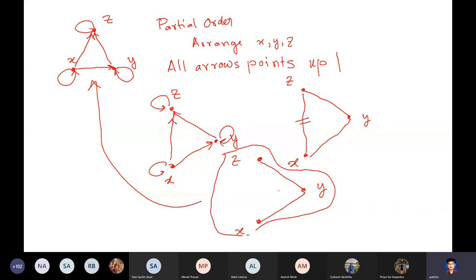So this diagram is called a Hasse diagram.